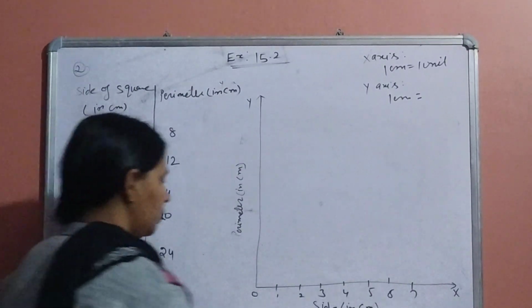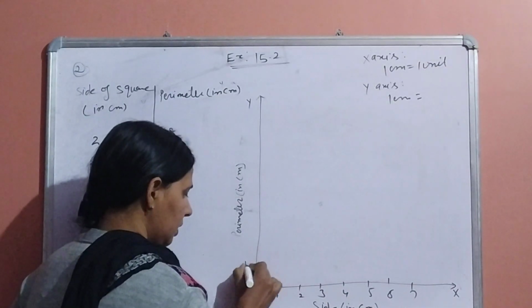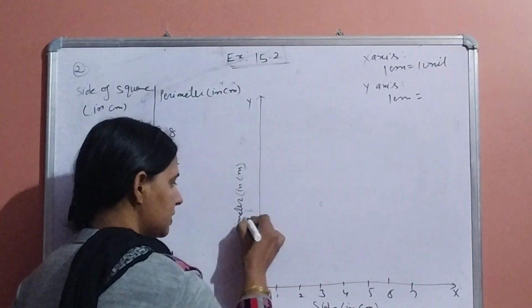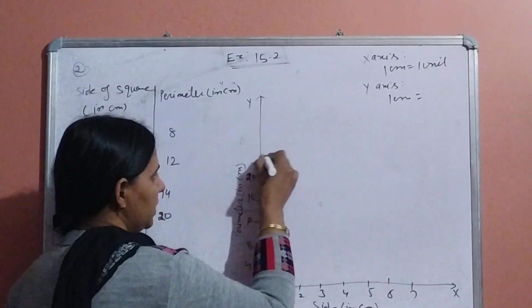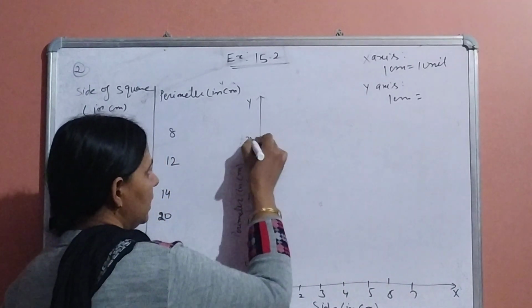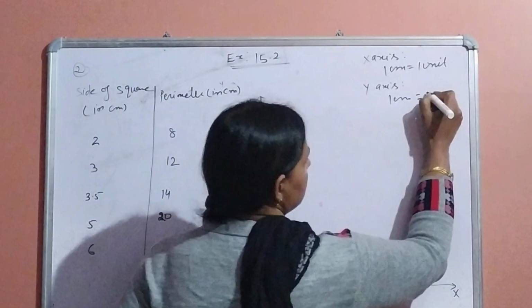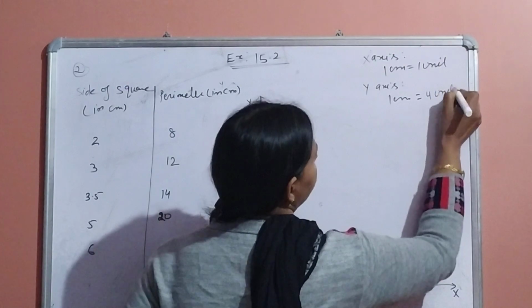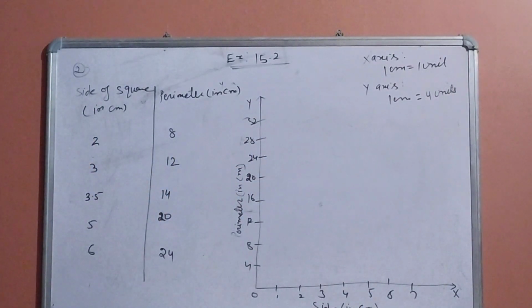Okay. You can choose a scale of 4 centimeter, 4 units: 4, 8, 12, 16, 20, 24, 28, 32 and so on. Along the y-axis 1 centimeter is equal to 4 units. It's up to you. You can choose a scale of 1, 1 or 2 centimeter, whatever you want.